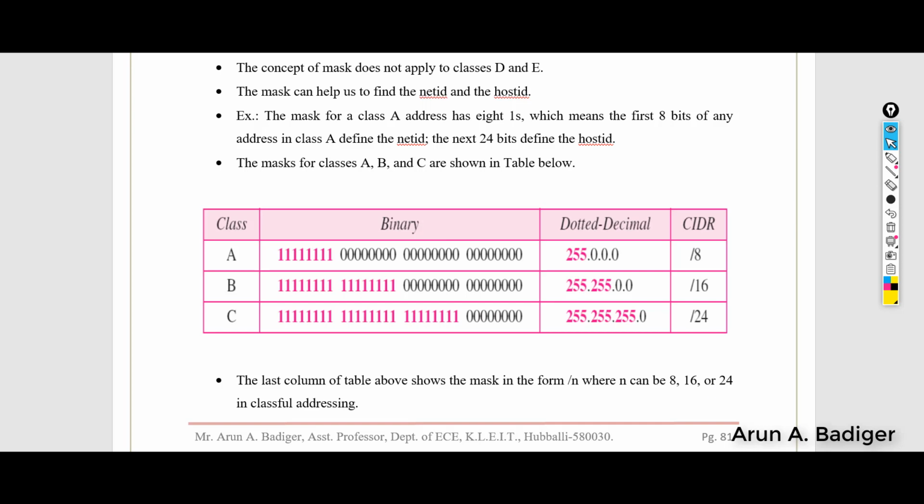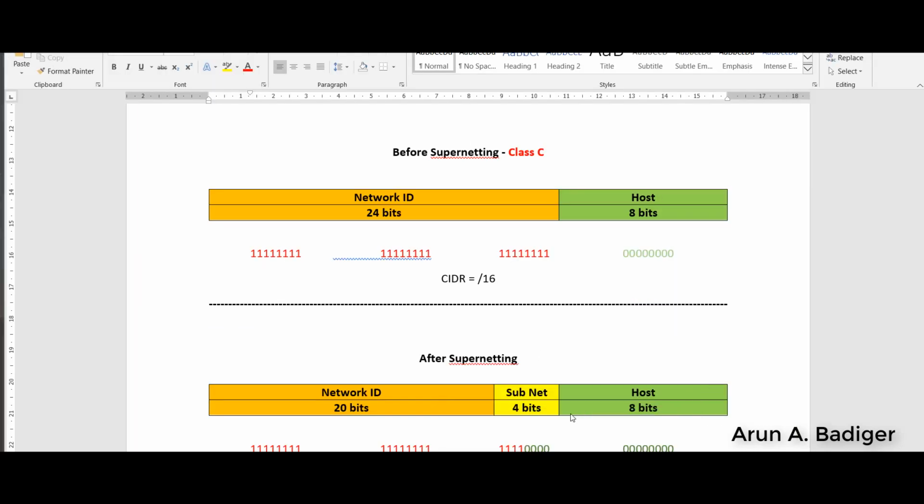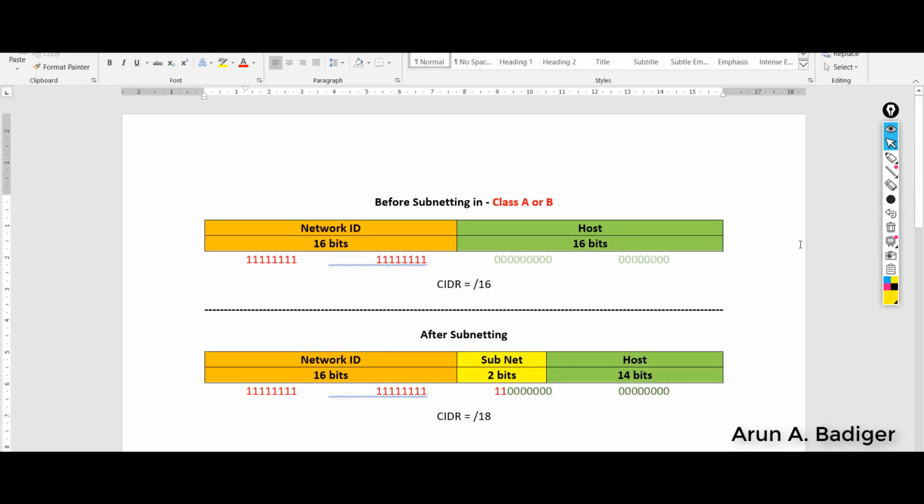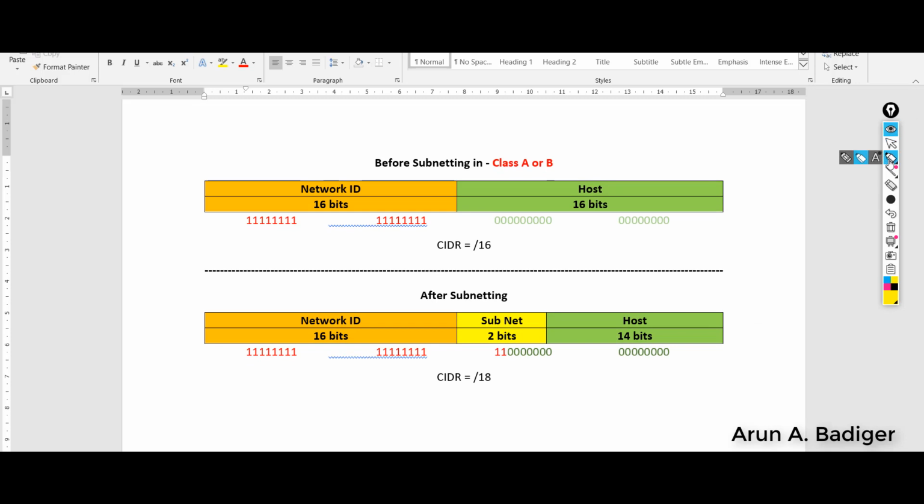So in this class we are going to discuss what subnetting and supernetting are. Here I have taken an example of class A or B, anything you can take. In this one you can see the network ID. Here I have taken the example of class B. There are a total of 16 bits assigned as the network address, whereas 16 bits are assigned for the host address.